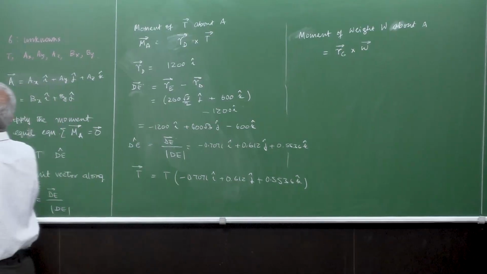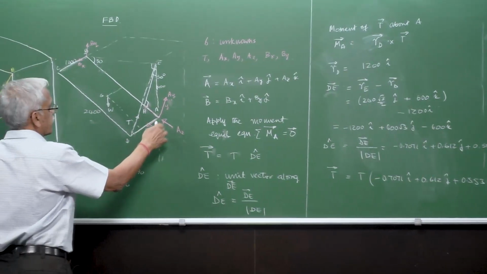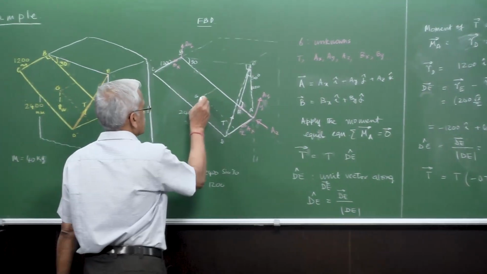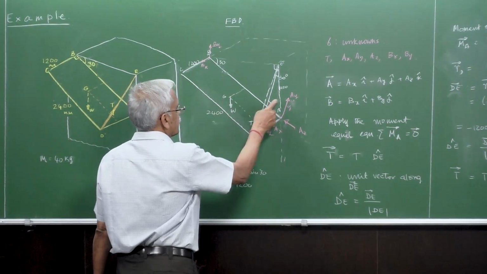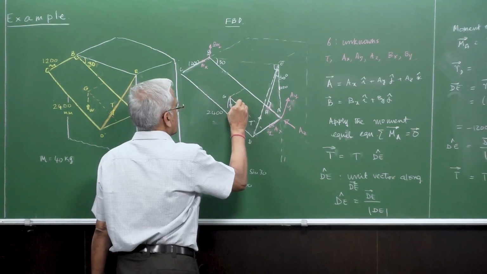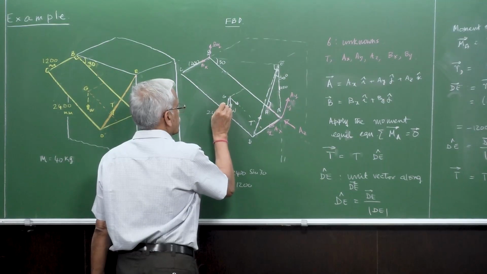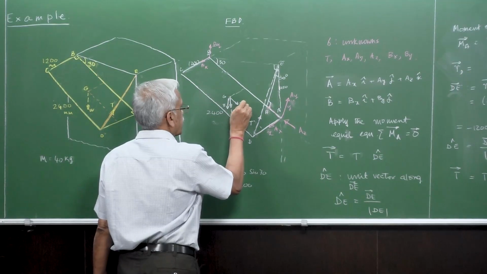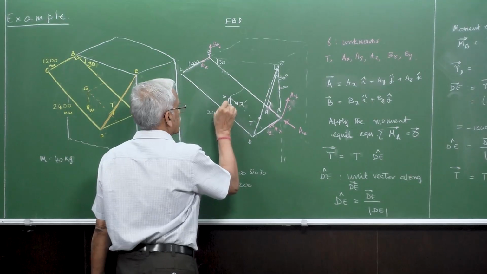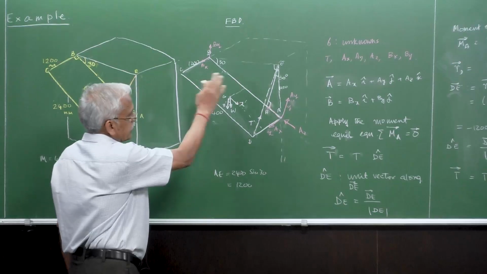The vector W is actually vertical, but with reference to this XYZ axis, it is slightly like this. This is y-axis, let's say y prime.